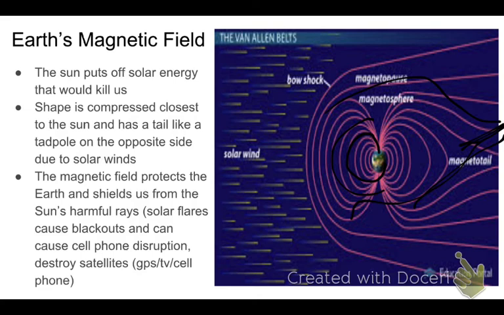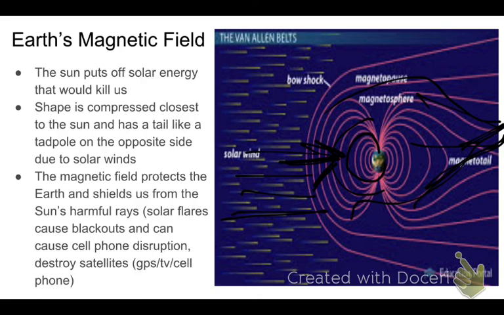The shape is compressed closest to the sun and has a tail-like tadpole on the opposite side due to solar winds. So here's the solar winds coming in. Here's that tadpole shape at the back, and this compression of our magnetic field here. This protects us from the solar flares and from those cosmic rays we were just talking about.